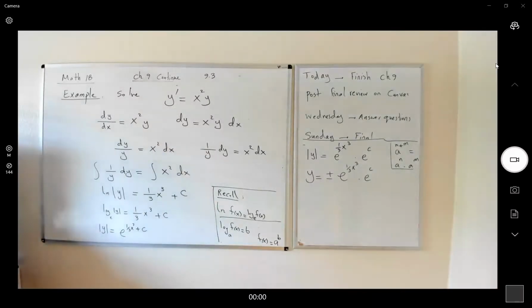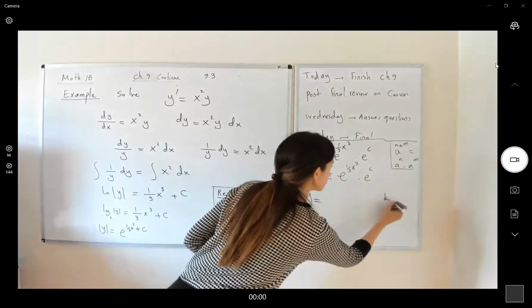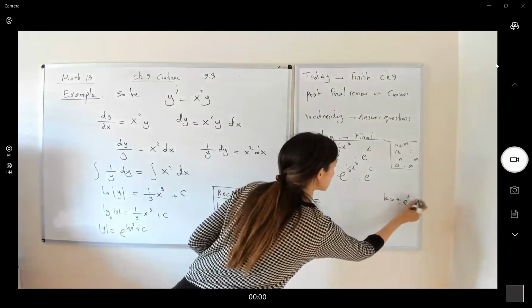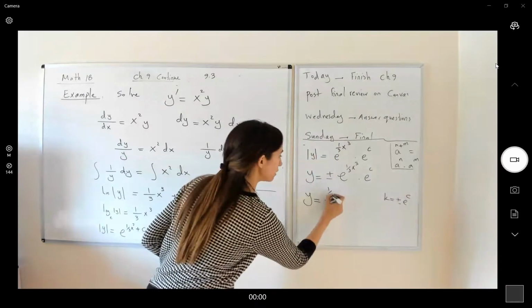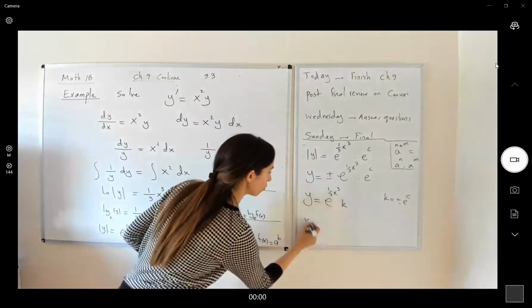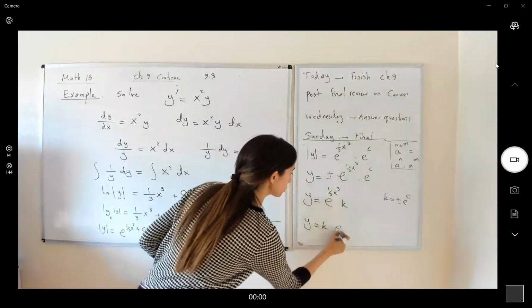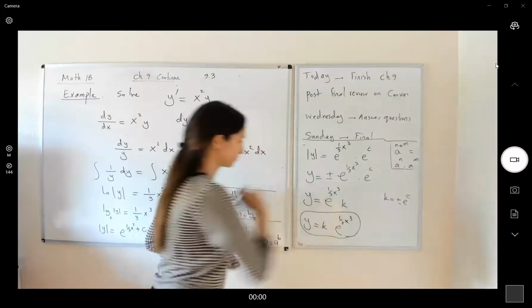Very well. So I'm going to take k, plus minus e to the c, and write y as k times e to a third x cubed.